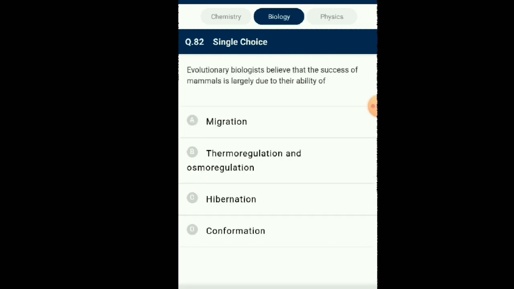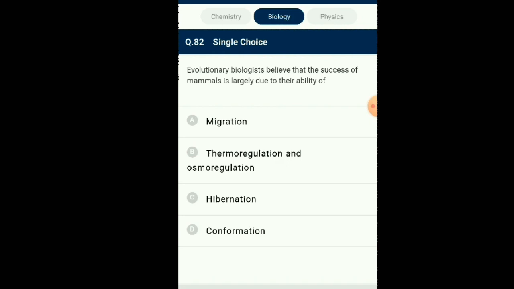Question number 82. Evolutionary biologists believe that the success of mammals is largely due to their ability of osmoregulation and thermoregulation, the two processes that the body uses to return to homeostasis.